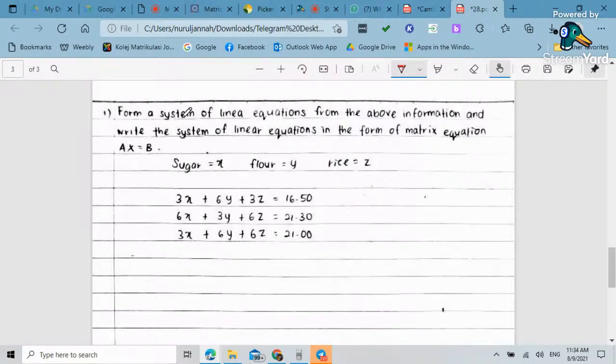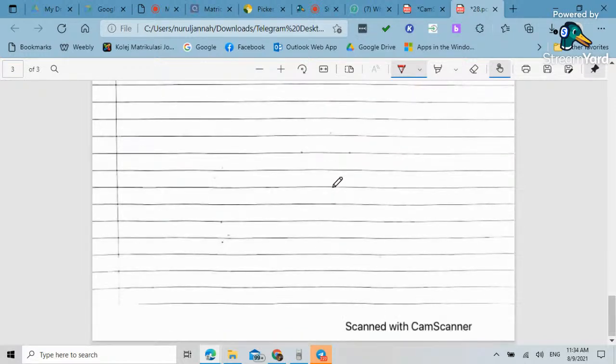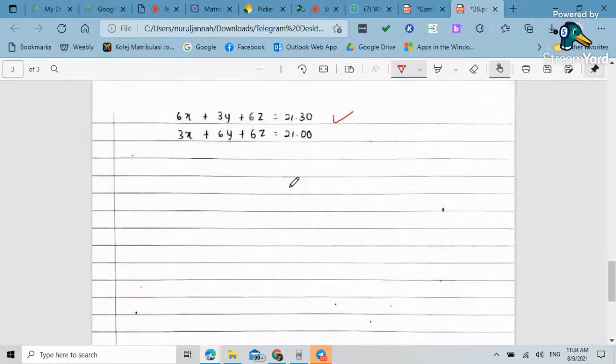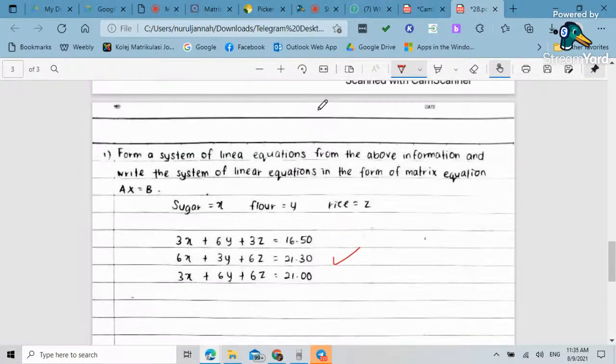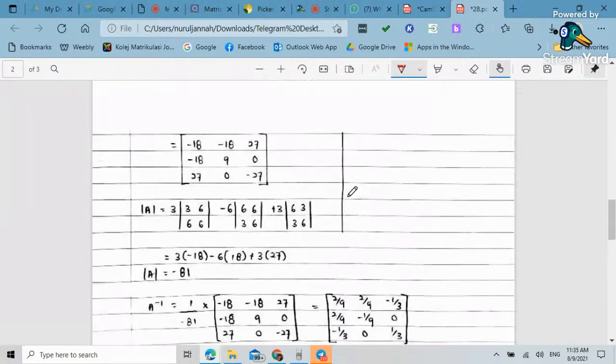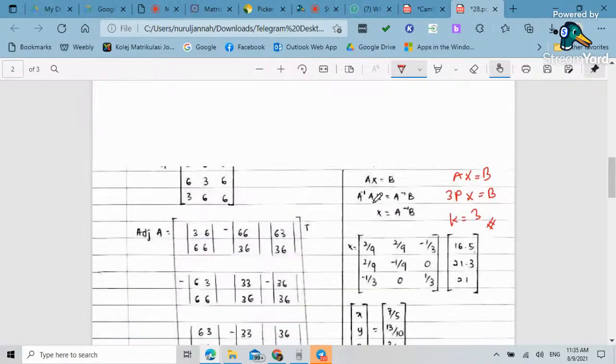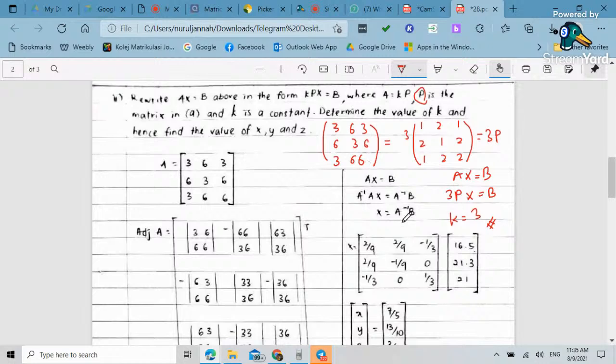Next question, you need to form a system of linear equations from the above information and write the system of linear equations in the form of a matrix equation. Okay, so this one is correct. You settle number 1 first, then number 2. This is not the right way to get the answer.